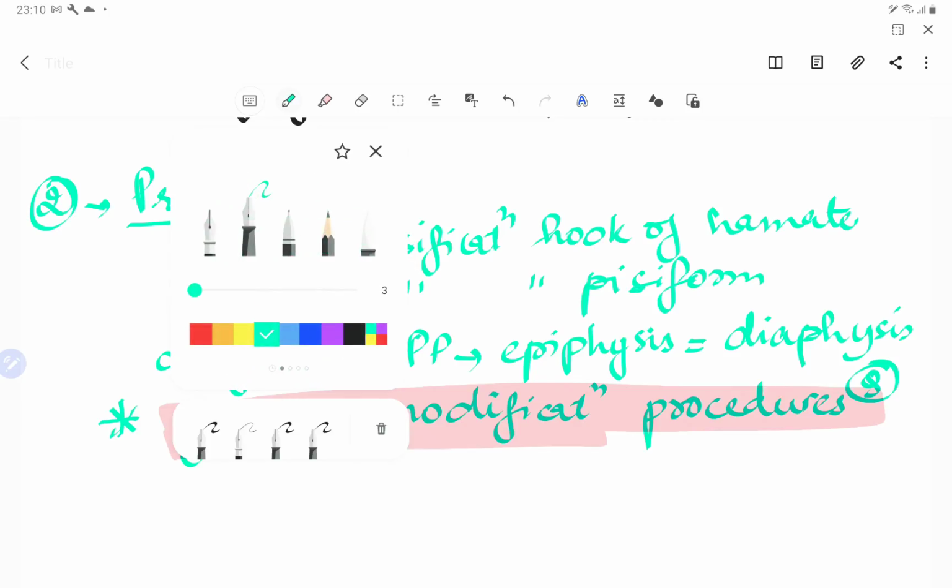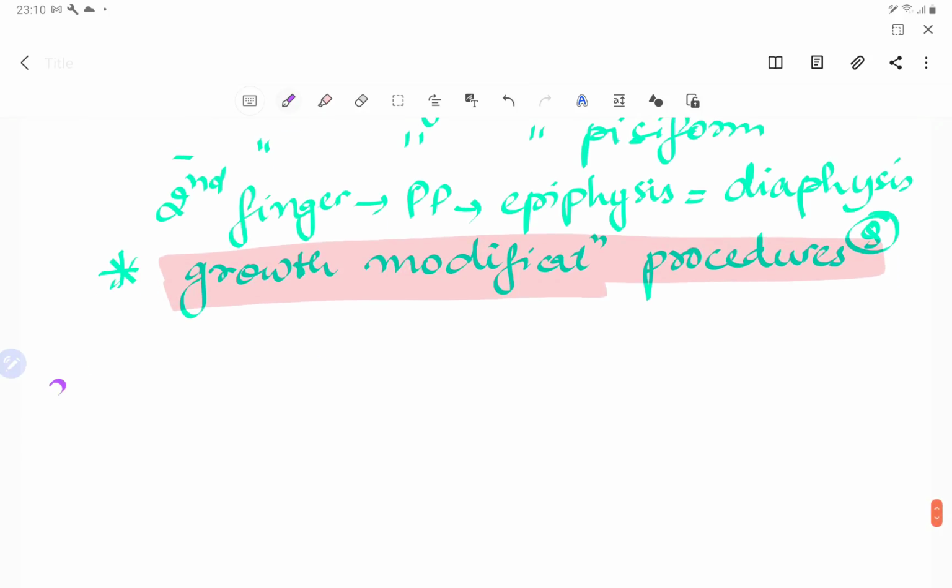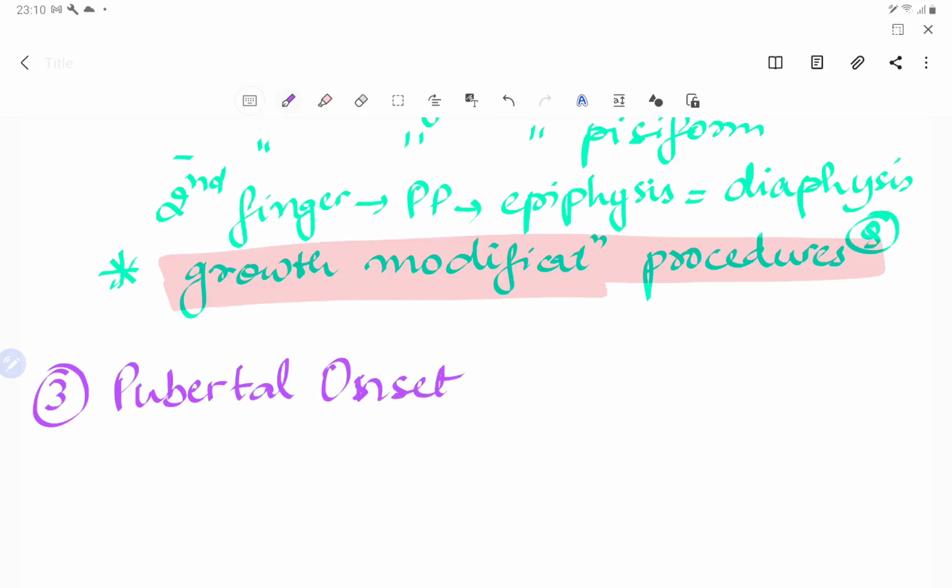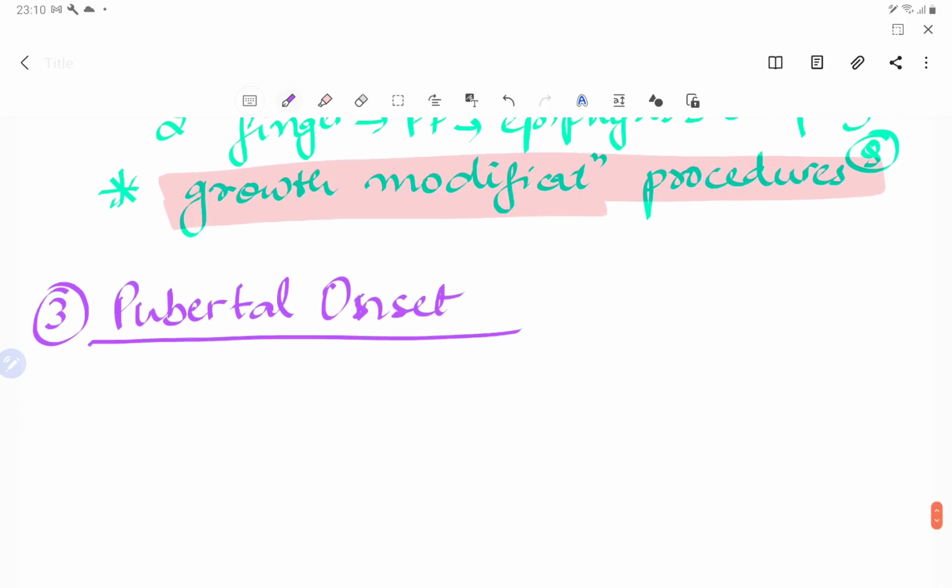Now coming to the third one, which is the pubertal onset. See, this is not still puberty, it is the onset of the puberty. So this is just the beginning of the puberty.